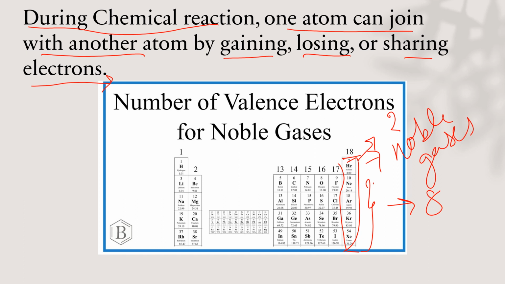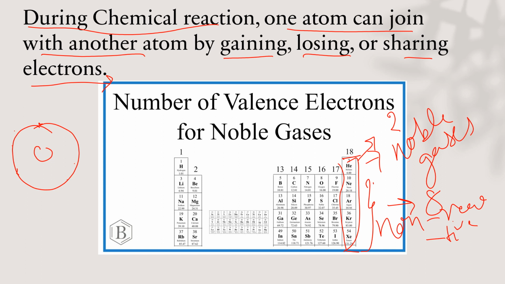They are non-reactive, meaning they do not react with other atoms, because their outermost energy level has the maximum number of electrons. The outermost energy level of these gases has 8 valence electrons and is fully occupied. So they neither lose electrons, nor gain electrons, nor share electrons with other atoms.